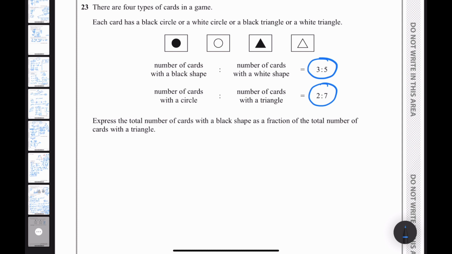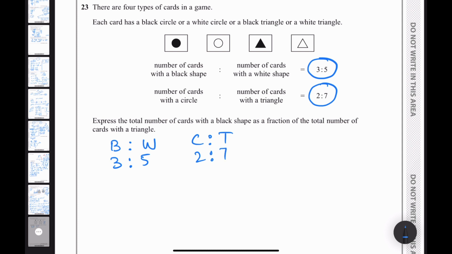So basically, let's write down the data first of all, and let's see what you have to find out. So the data has been given: black ratio white is 3:5, and circle ratio triangle is 2:7.